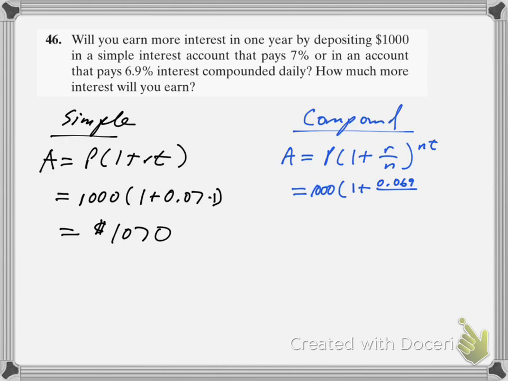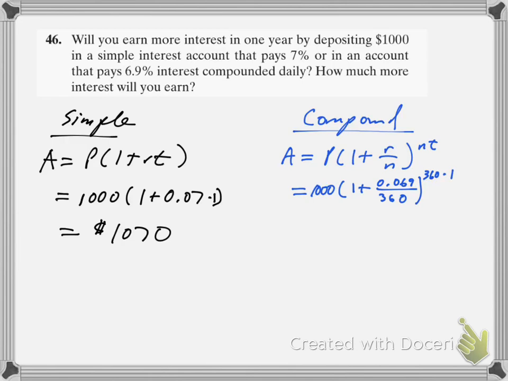Compounded daily. Well, in the book, by the way, they use 360 days a year. I'm not sure why instead of 365. So we're going to use 360. It's compounded daily, and it's compounded 360 times a year times the time, which is 1 year.